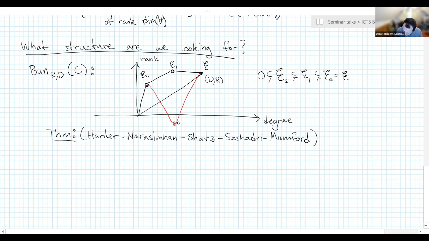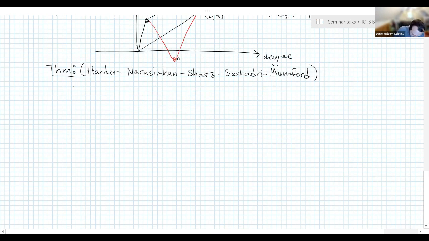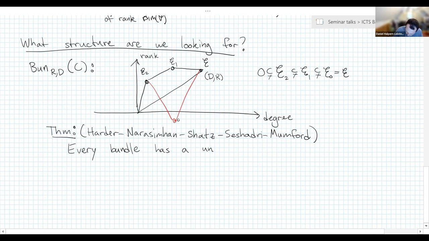And so basically, every bundle has a unique convex filtration, where convex means the way of the black line above.